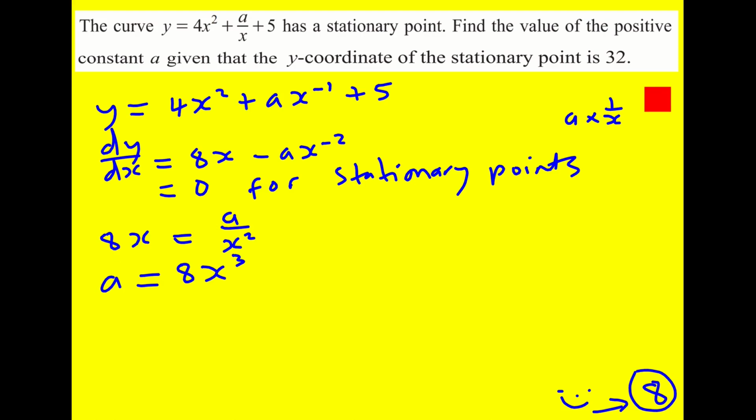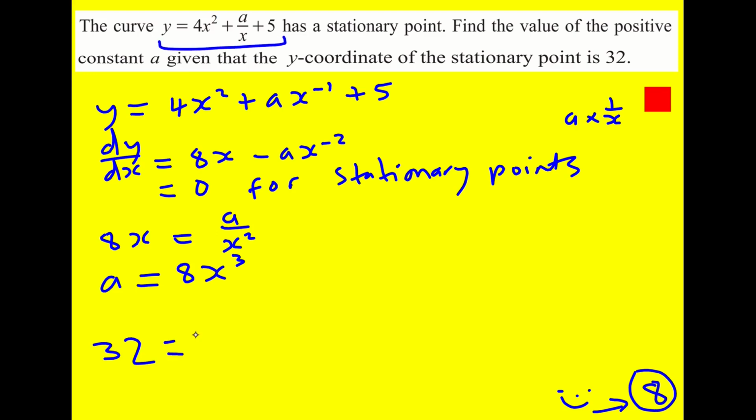That's the main thing. Now, I'm told that the y-coordinate of the stationary points is 32. So, I know when a is equal to 8x cubed, because that's the relationship at the stationary point, y is equal to 32. And this is what I can do. I can actually substitute in to this equation here.